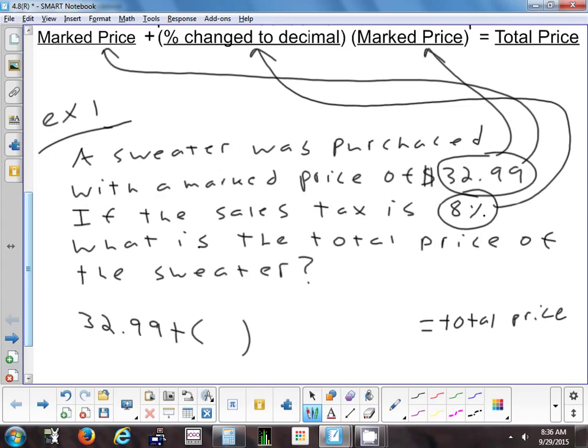Plus, the next thing she did, she put 0.08. That's perfect. Change the percent to a decimal. Parentheses, 32.99. And then in parentheses, she put 32.99. And that's perfect. How many people had that as their equation? Yep, good. That's it. Now we just use our calculator.